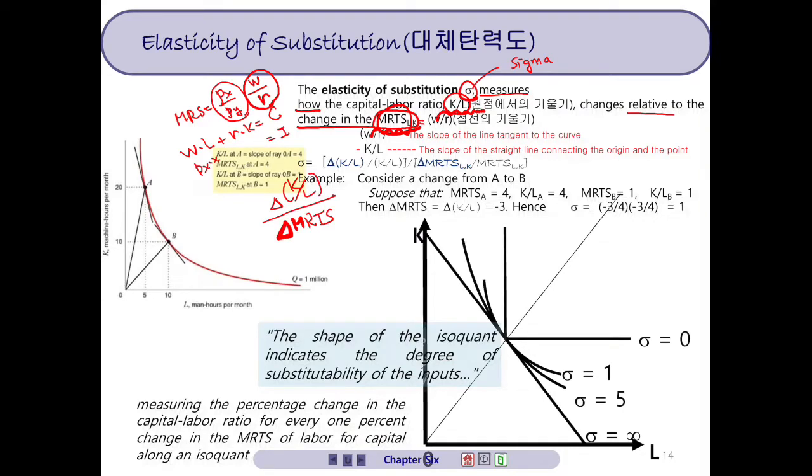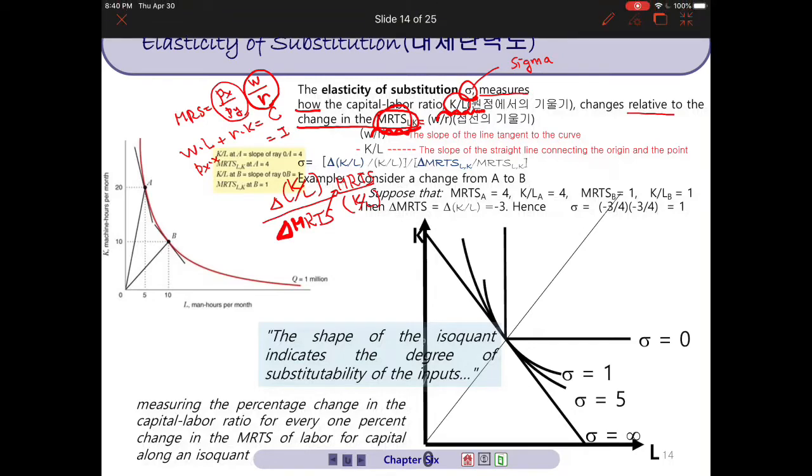And as I said, for elasticity we put it in inverse form. This is the percentage change in the capital-labor ratio. What about this one? This is the reciprocal, or inverse, of the percent change in MRTS.